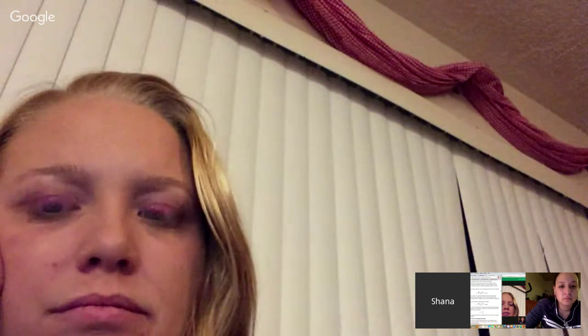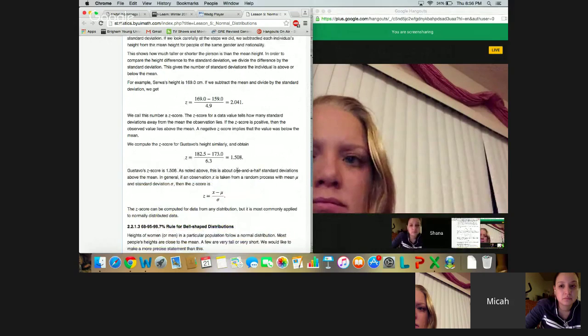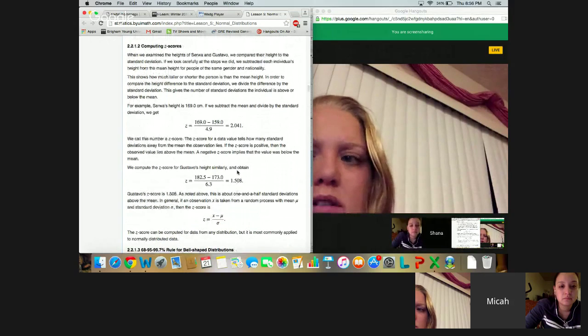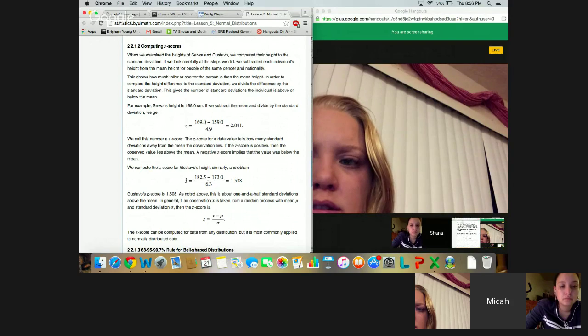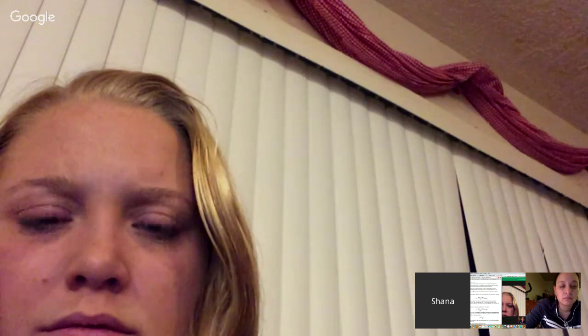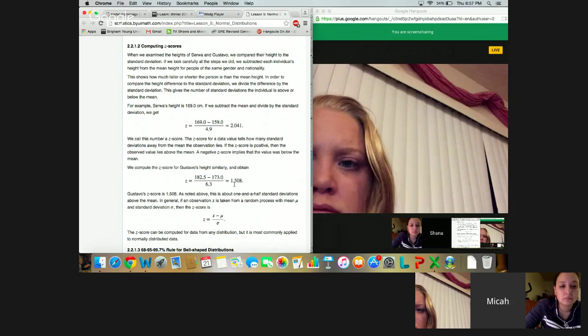Okay, so this one is using a different equation, because up there they were just looking at how many standard deviations she was away from the mean. This one uses the z-score formula. This is how tall he was, this was the mean, this is the standard deviation. You do that right there, and that gives you your z-score.